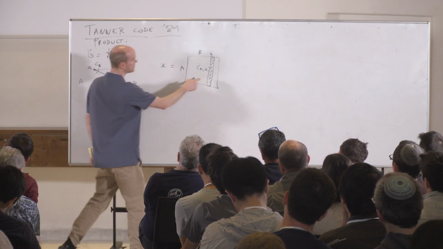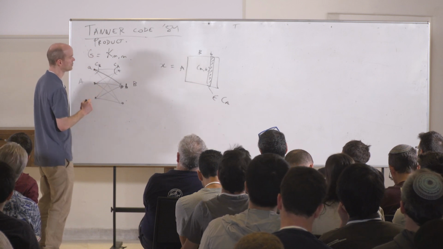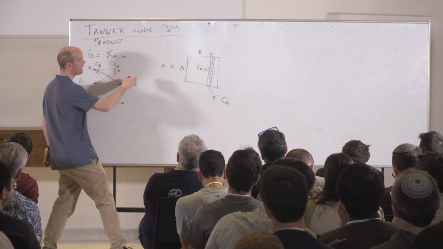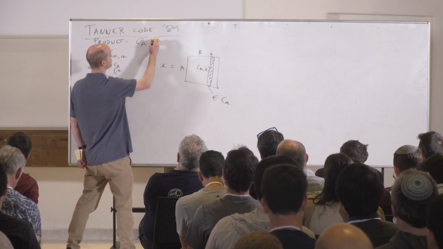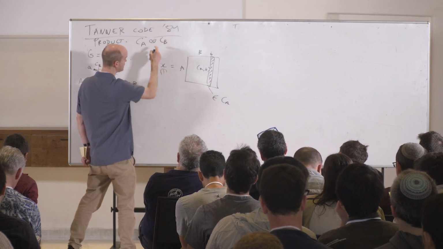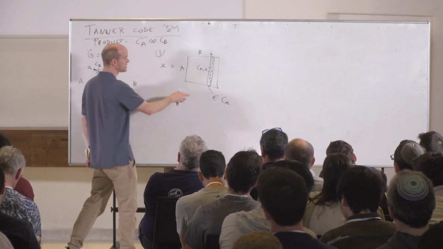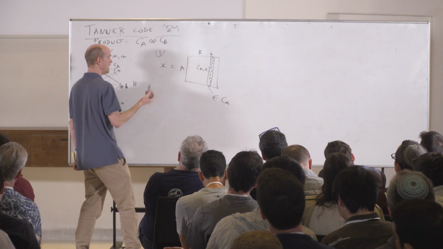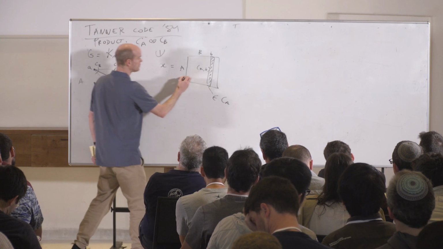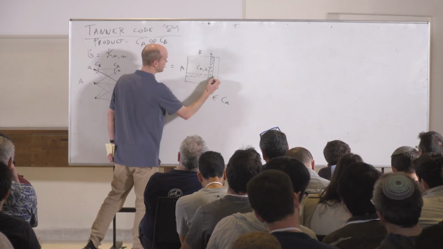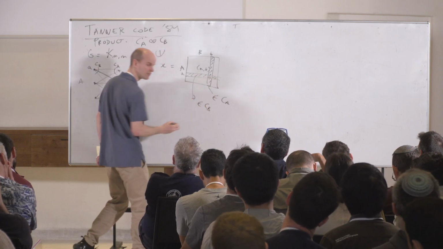So if B is here, this part of the matrix, what I ask is that this column should be a code word of CA. Basically, X will belong to this product code, denoted CA times CB. So X belongs to CA times CB if every column of this matrix is a code word of CA, and every row, so for any A, every row indexed by some A, is a code word of CB.